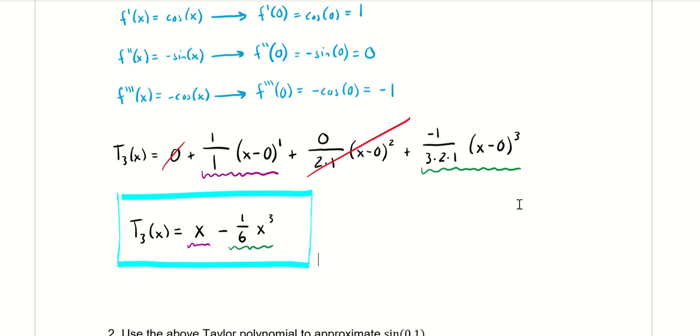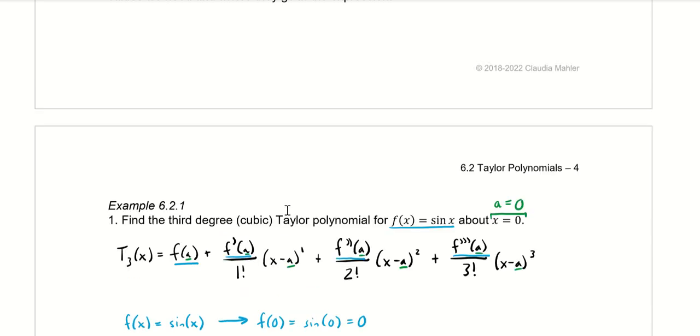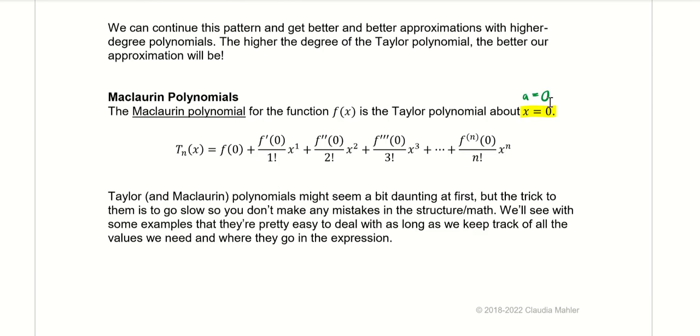The second thing, just to reiterate this definition, is since we were finding the Taylor polynomial about x equals 0, another way we could have said this is find the Maclaurin polynomial for f of x equals sine of x. Because remember, the Maclaurin polynomial, it's assumed by definition, by this specific name for this polynomial, that the thing we're finding this about is 0.